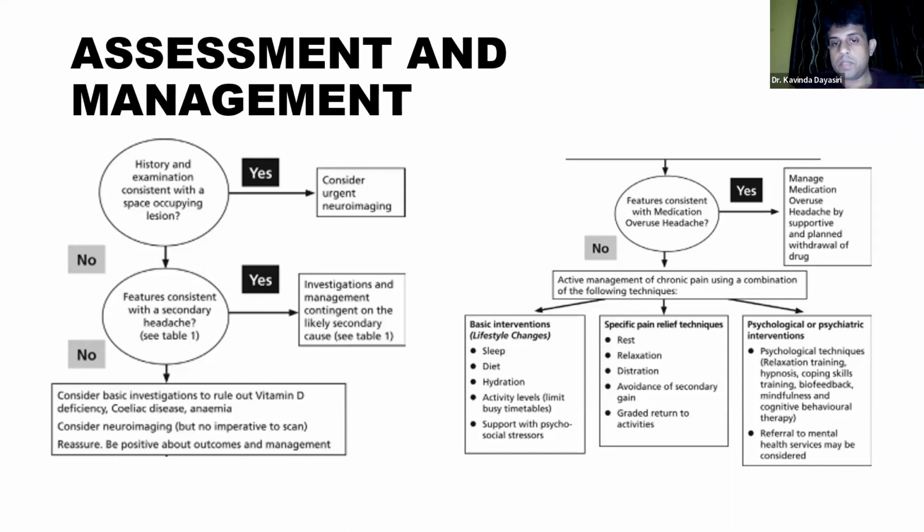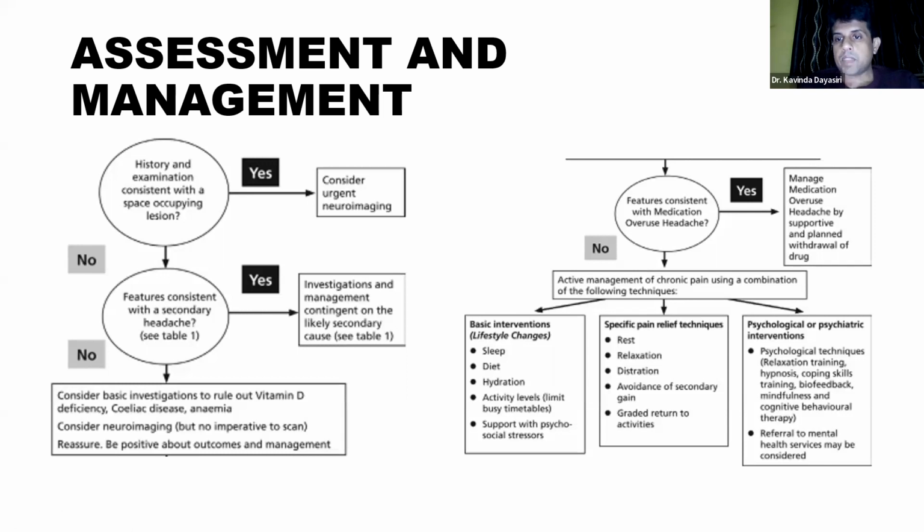And then in all these conditions, irrespective of the underlying diagnosis, you can encourage a healthy lifestyle, including sleep, diet, hydration, regular healthy exercise, and psychosocial support. Then alternative pain relieving techniques such as rest, relaxation, distraction, avoiding secondary gain, and graded return to normal activities.